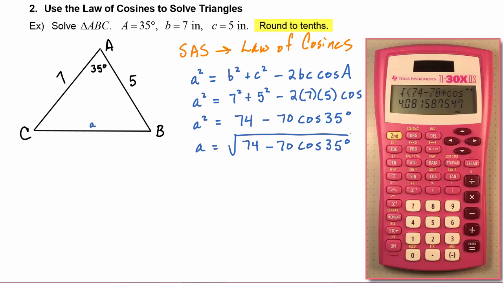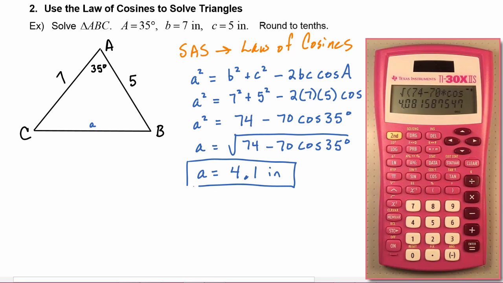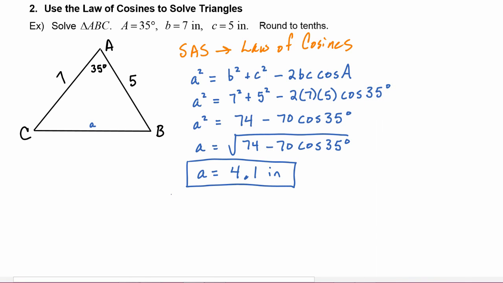And rounding to the tenths place, we see that A is equal to 4.1, and the units are inches. We can mark that in our diagram.